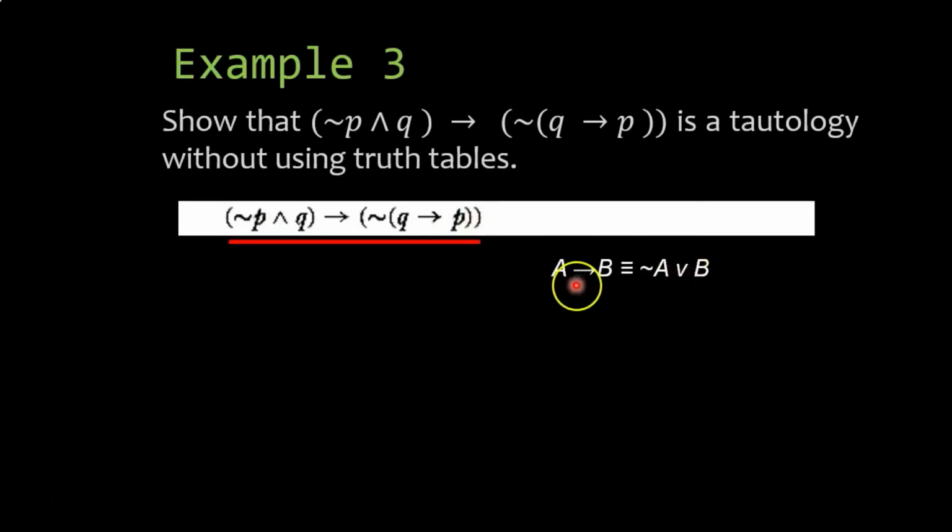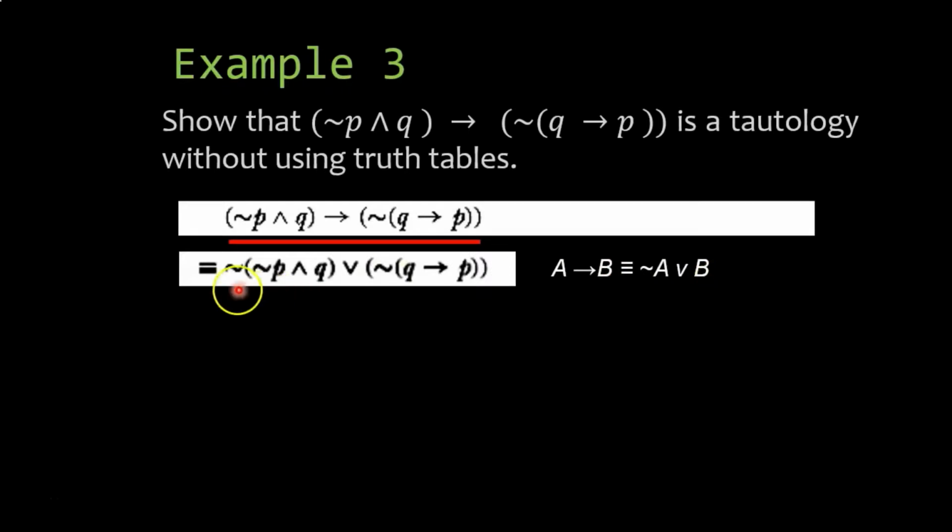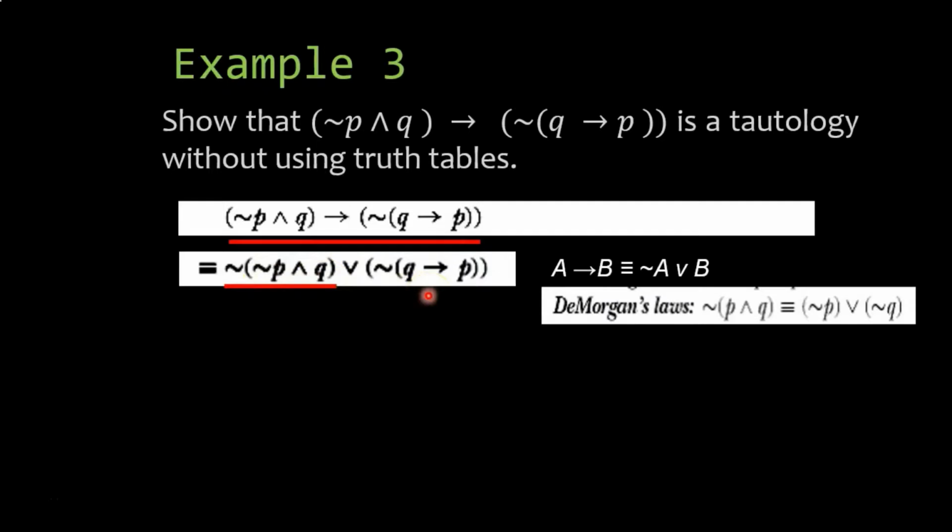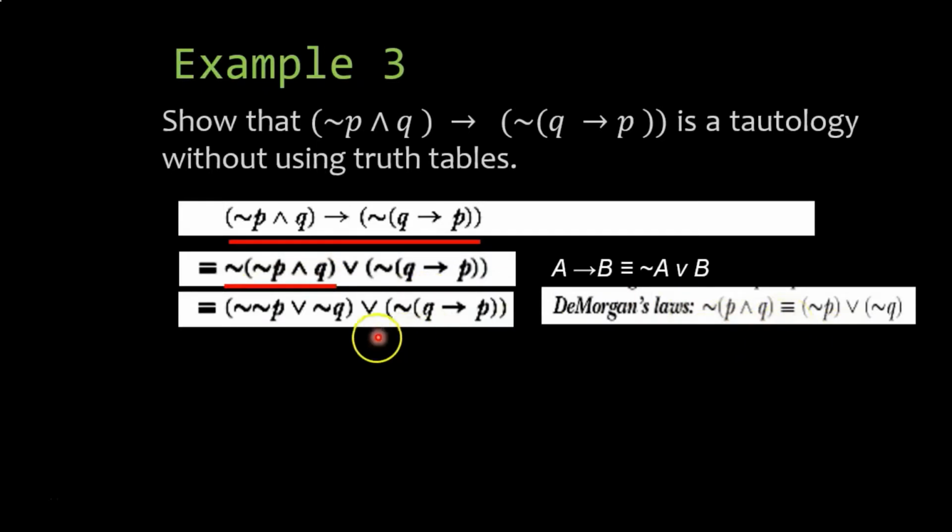The formula is: if A then B is equivalent to not A or B. So you have to convert from this one to this one. Then you have this statement. Then we have a negation outside of not P and Q, which means you can use De Morgan's law to get this line.